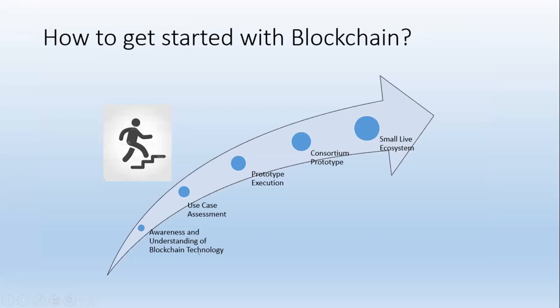The next step is to analyze the use case assessment, then try to build a small prototype and execute it, then move on to a consortium prototype and execute it, and then try to build a small live ecosystem. This is how anyone can get started with blockchain.